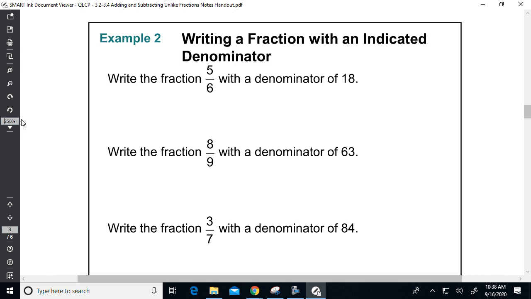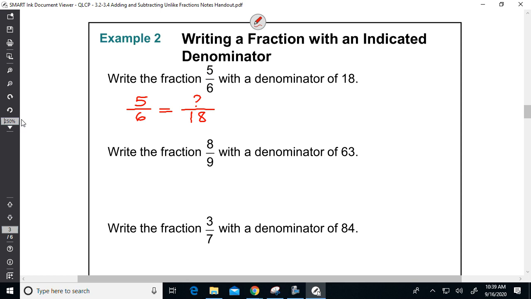So the first problem is asking us, write 5 over 6 with a denominator of 18. When you have 5 over 6, you want to change the denominator to 18. You can't change the denominator without changing the numerator with it.